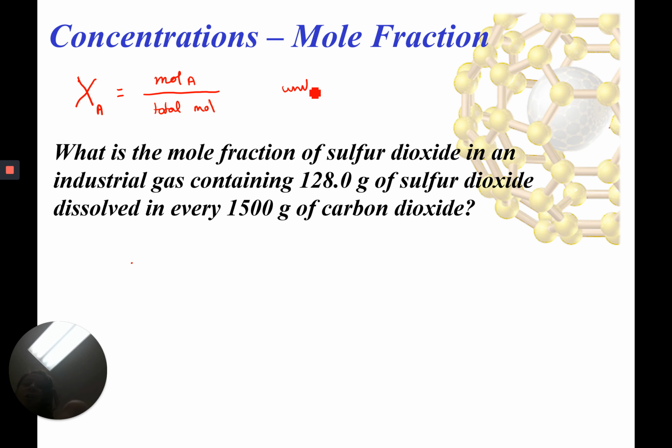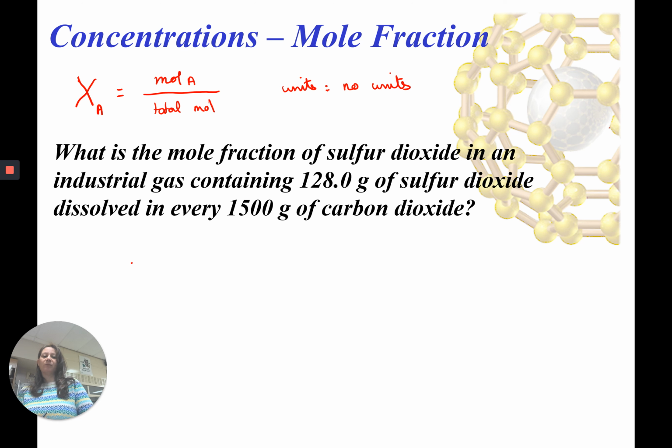Because it's a fraction, moles divided by moles, it has no units. So a mole fraction can go between 0 and 1. If it's 1, that means it's a pure substance. There is nothing mixed with it. Can't be over that.